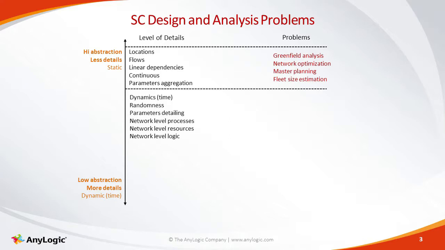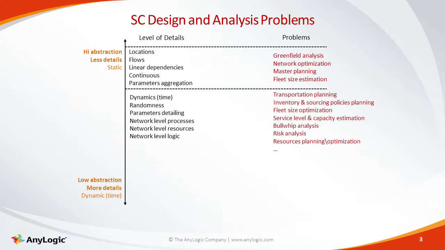Then, if we add details into the model, like dynamics, randomness, network level logic, processes, and resources, we may address more problems, like how to do the transportation within our supply chain, and what the inventory policies and sourcing policies should be.